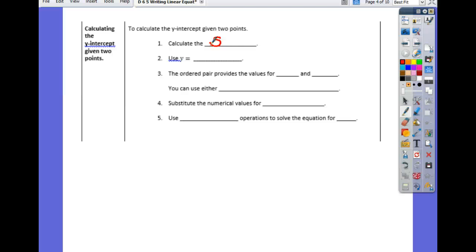Okay, so what did we do first when we were solving? To calculate the y-intercept given 2 points, we have to do what first? Calculate the slope, so find the slope. Then we use y equals mx plus b. The ordered pair provides the value of what? Yep, the x and the y for us.